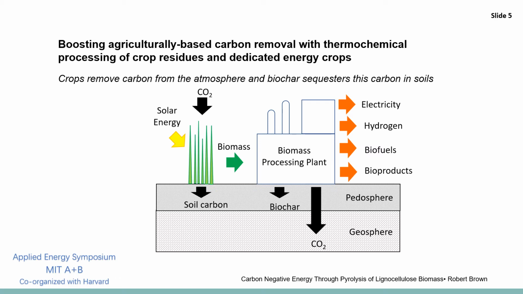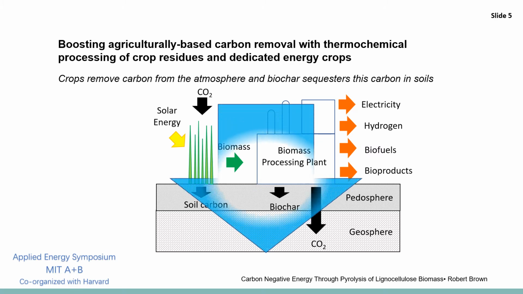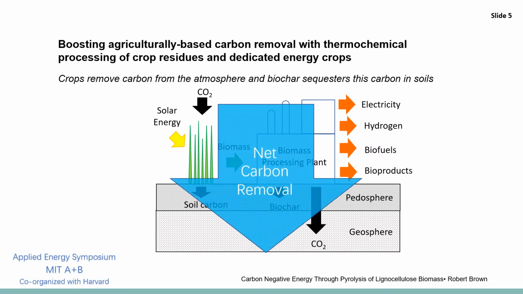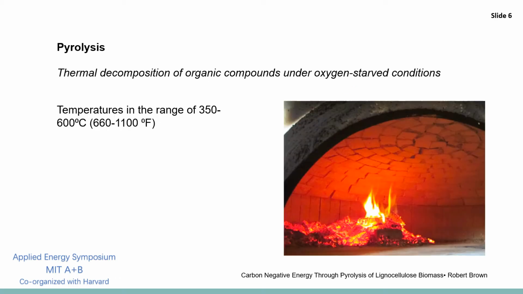We would propose to process the biomass, producing a variety of energy products shown here: electricity, hydrogen, biofuels, and bioproducts. There would be the possibility of sequestering some of the carbonaceous residue known as biochar into soils, along with the soil carbon generated by the growing plants. There are also possibilities of sequestering the CO2 in the geosphere. In this manner, we achieve a net carbon removal from the atmosphere.